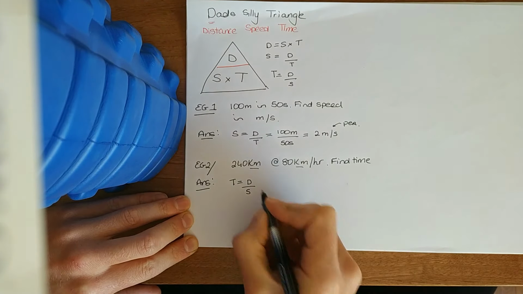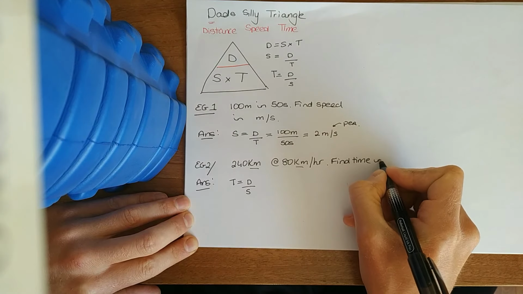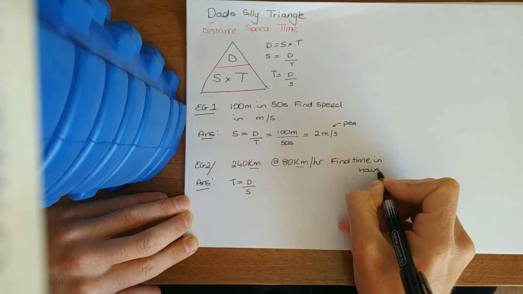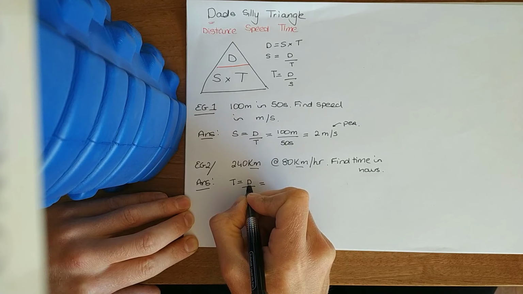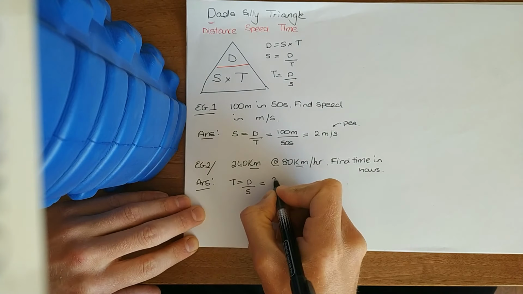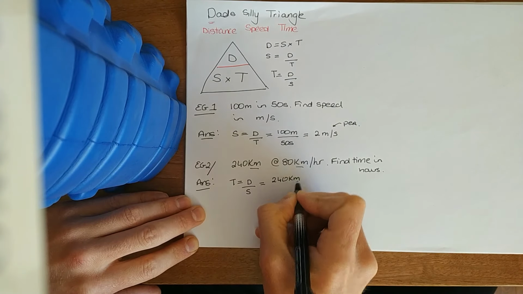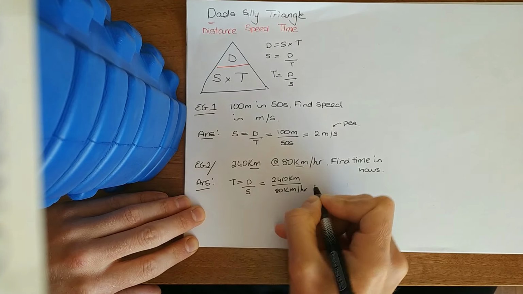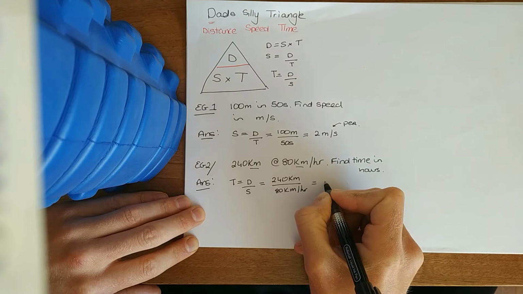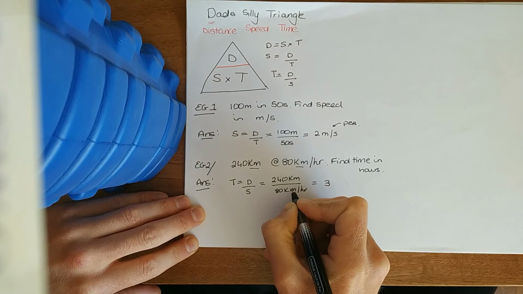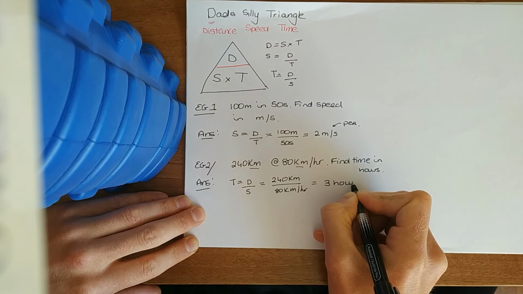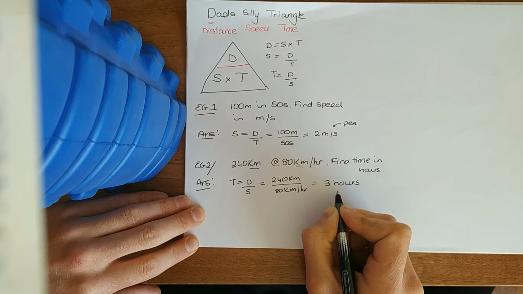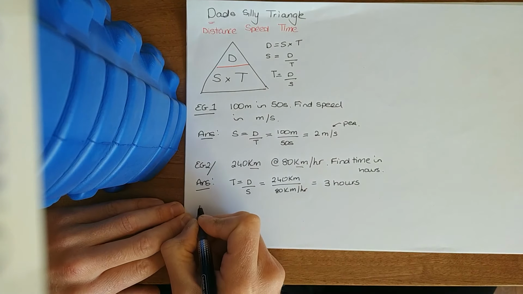We've got kilometers and kilometers. And find the time, we'll say in hours. So your distance here is 240 kilometers. Your speed is 80 kilometers per hour. You throw that in your calculator if you're unsure, you're left with 3, and the unit left over is hours. If they ask you for that in minutes, change hours to minutes, just times it by 60.